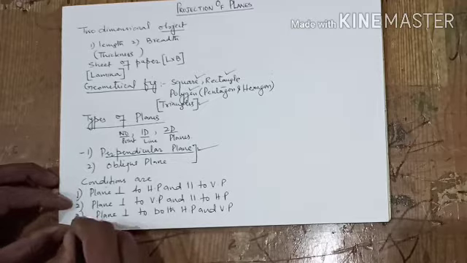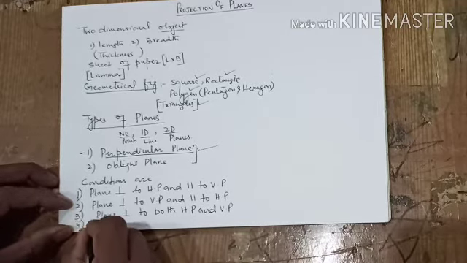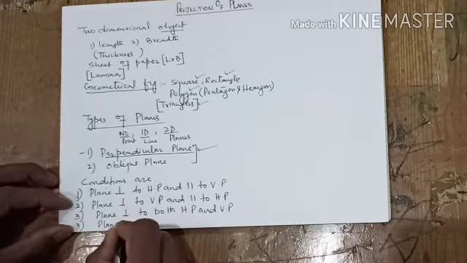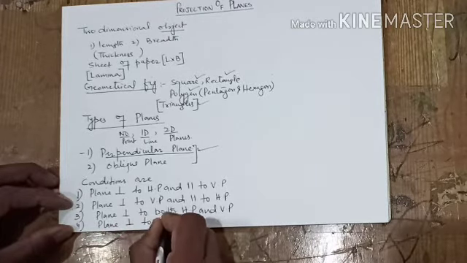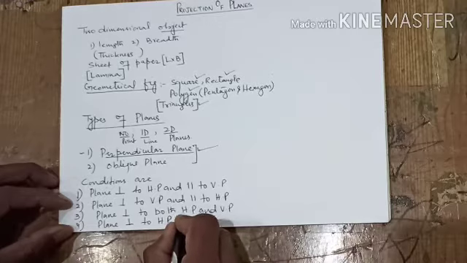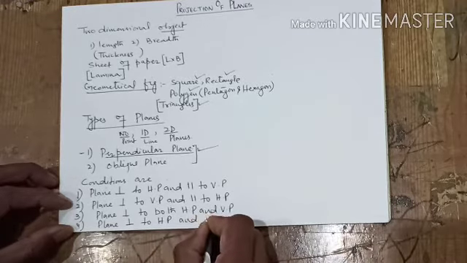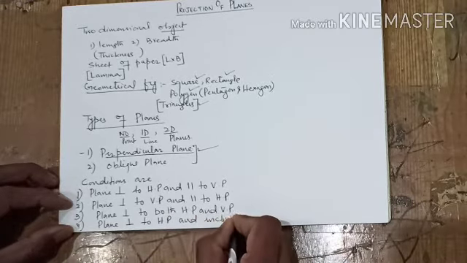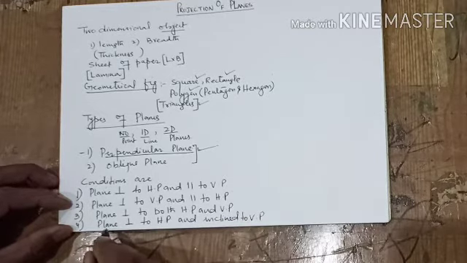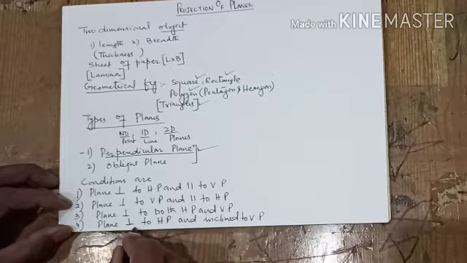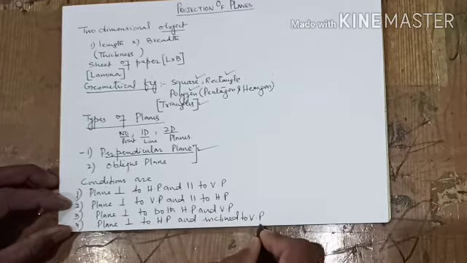The fourth condition is the plane is perpendicular to HP and inclined to VP. So in this condition, it is perpendicular to HP and inclined to VP.